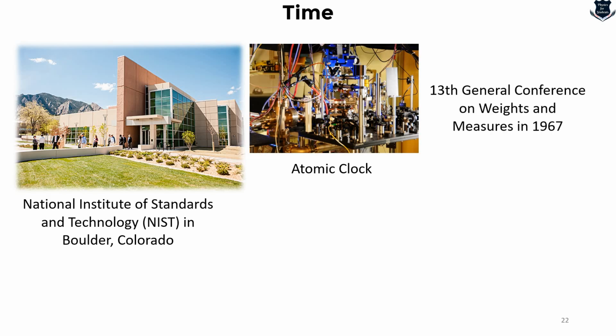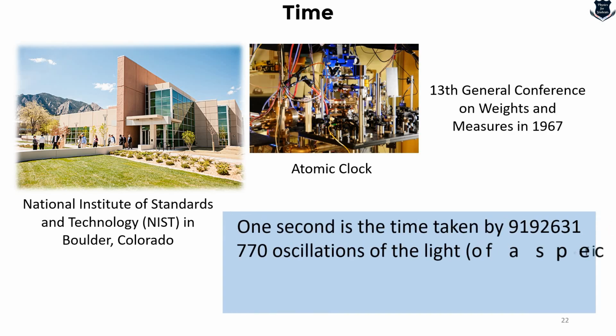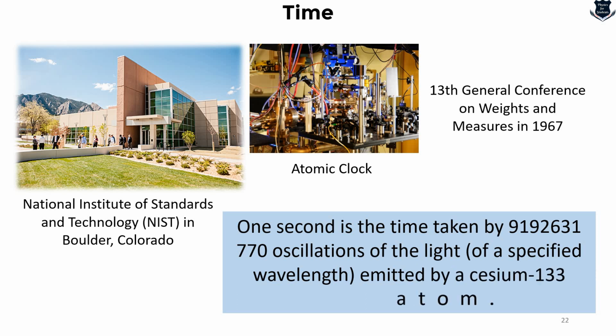The 13th General Conference on Weights and Measures, in 1967, adopted a standard second based on the atomic clock, which is considered to be this. 1 second is the time taken by 91926317770 oscillations of the light of a specified wavelength emitted by a cesium-133 atom. Now this is the standard.